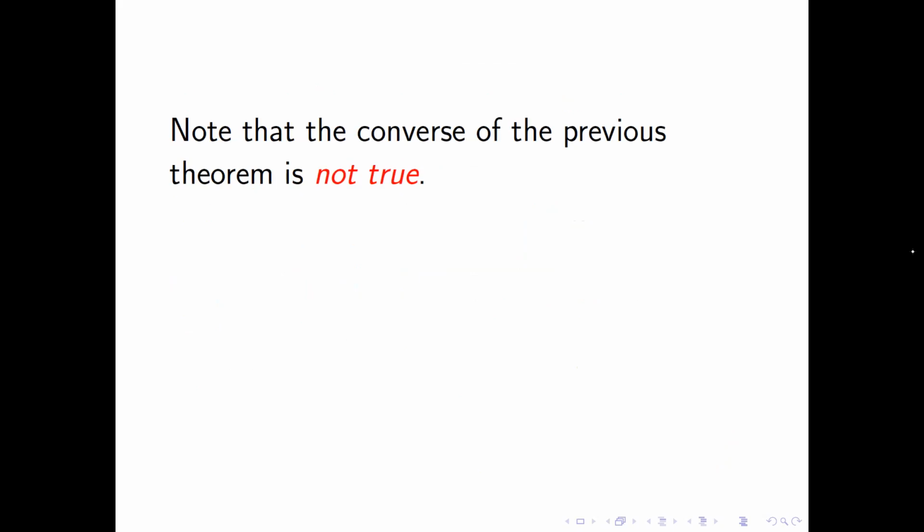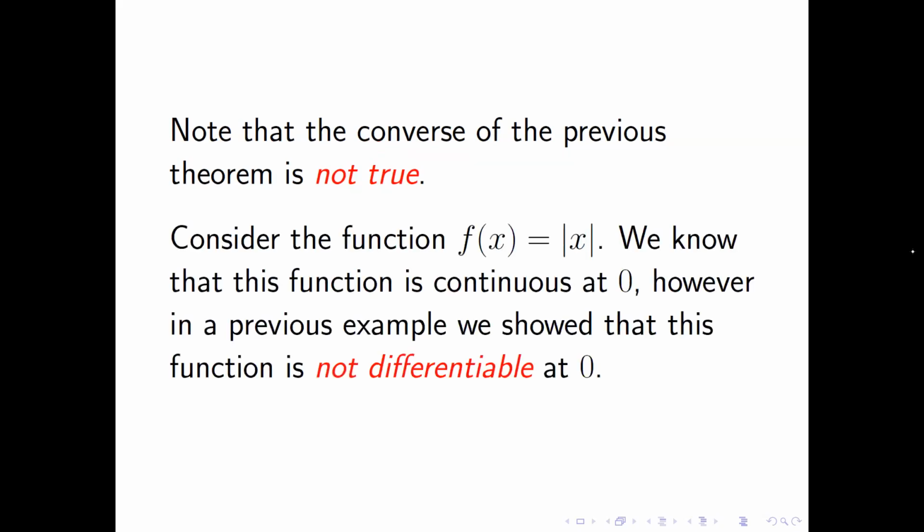And then I have emphasized that the converse of that theorem is not true. One may consider the example that we had, the absolute value function. We have seen that the function was continuous at 0, but it was not differentiable at 0.